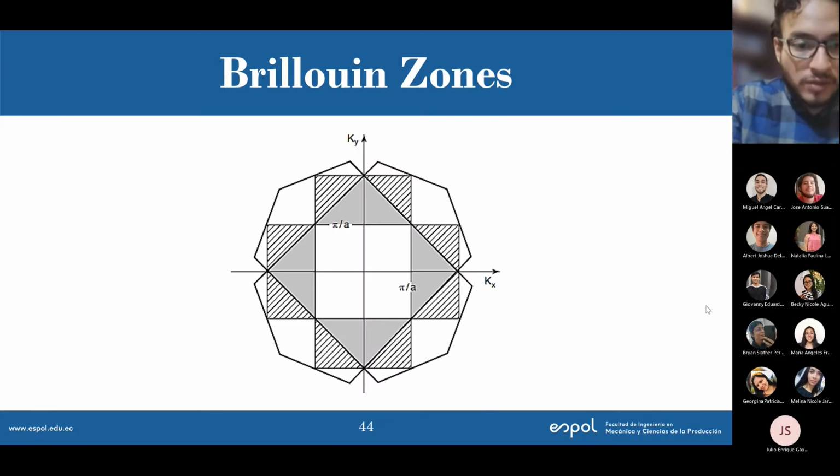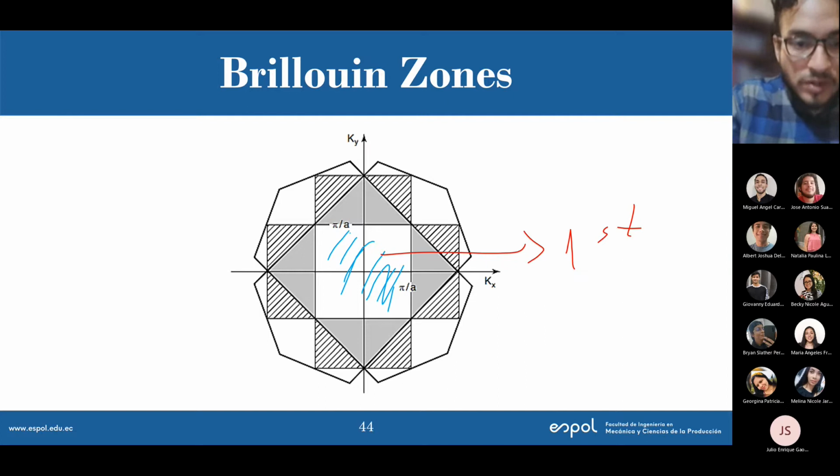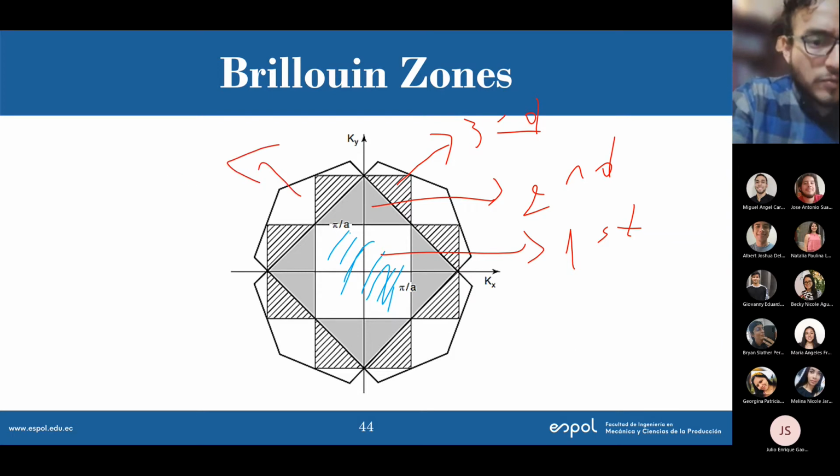There you see, this is the first Brillouin zone. The second is in gray. So let me actually mark it: that's the first Brillouin zone, that is the second Brillouin zone, this is the third Brillouin zone, and this is the fourth Brillouin zone.